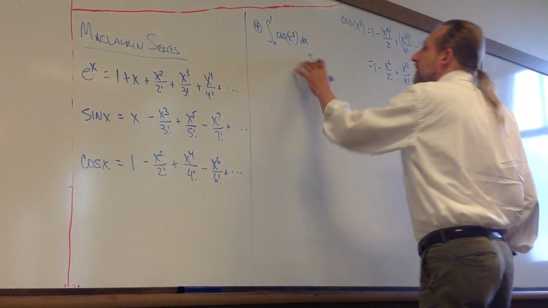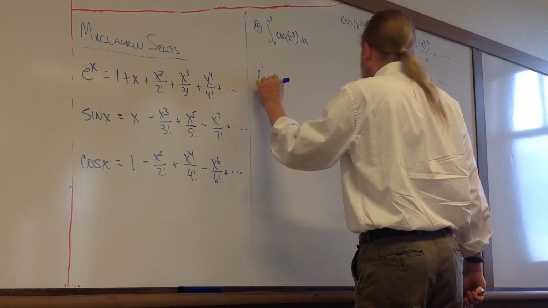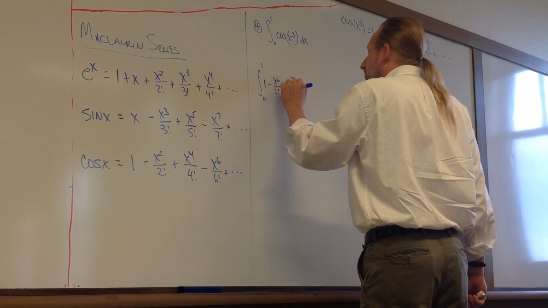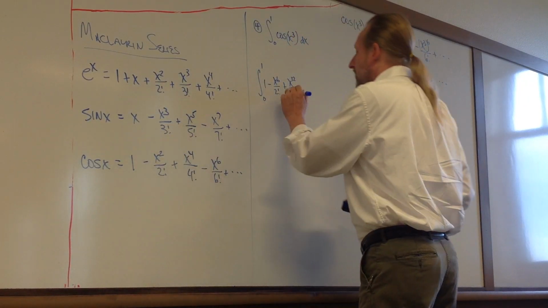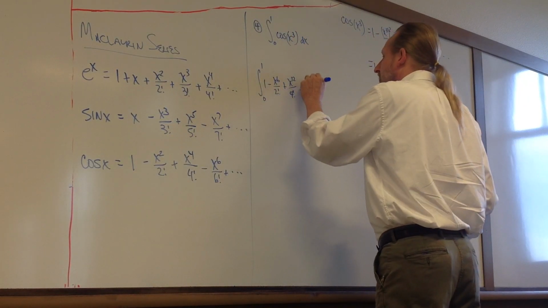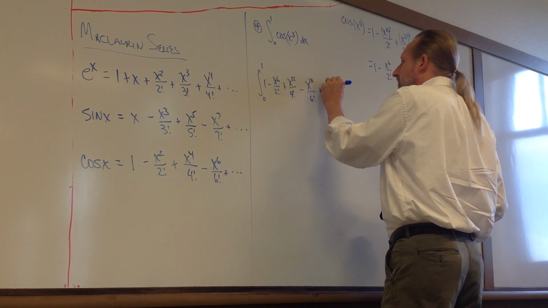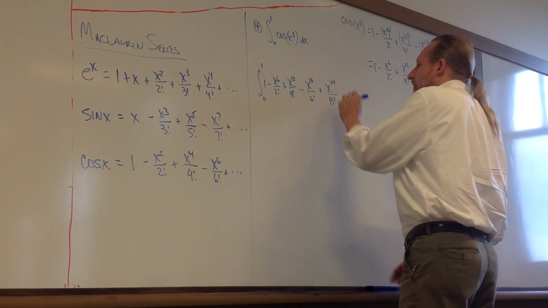So if we want to integrate this, then we need to integrate this series: 1 minus x to the 6th over 2 factorial, plus x to the 12th over 4 factorial, minus x to the 18th over 6 factorial, and so on. The next one would be x to the 24th over 8 factorial.